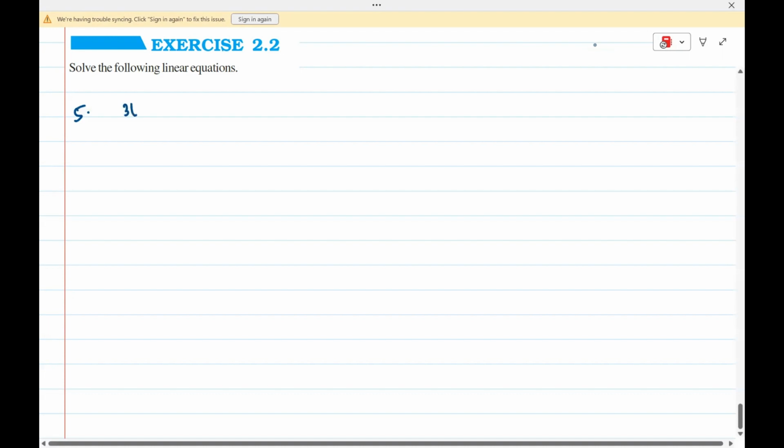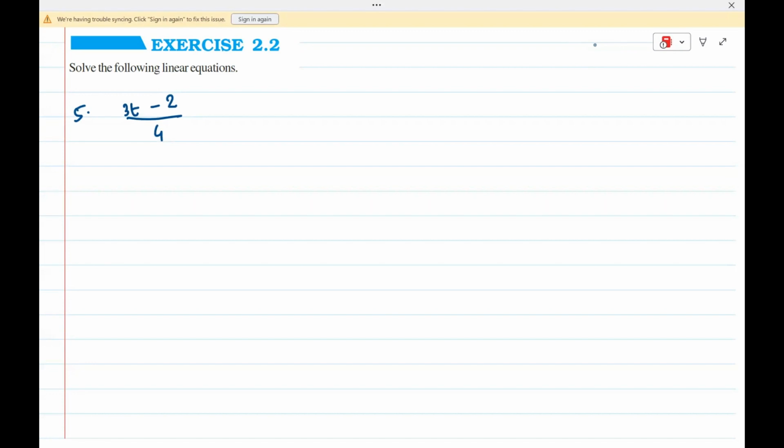Question number 5. It says (3t minus 2) whole upon 4 minus (2t plus 3) upon 3 is equal to 2 upon 3 minus t. One thing to notice here is this minus, as it is in between, not in front of 2t alone.